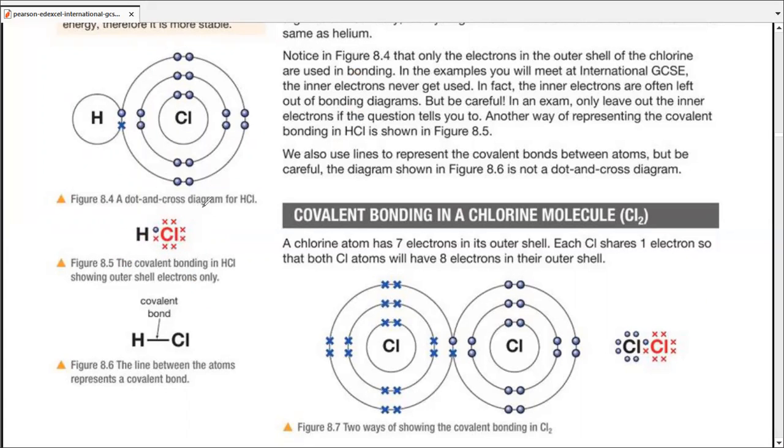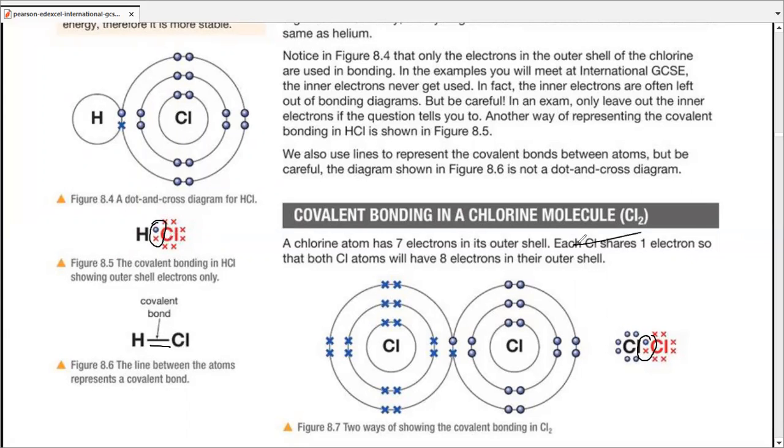If you have just one pair in between, a dot and cross pair like this, you draw only one line. If you have 2 pairs, we'll draw two lines, but that would be the case up next. Let's discuss a couple of examples with just 1 electron shared before we move on to the next one.